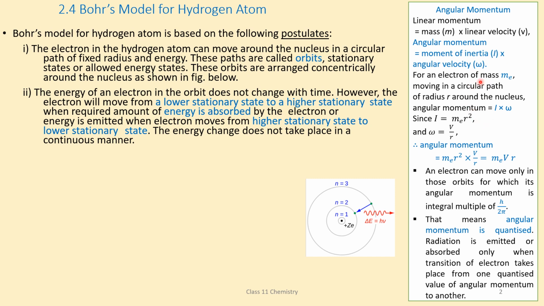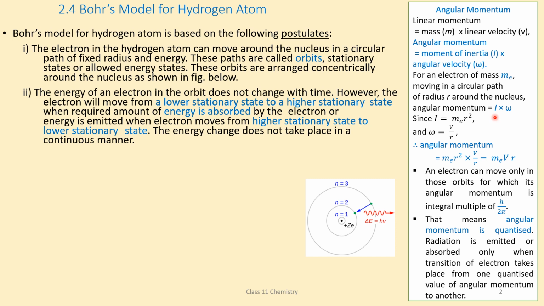Angular momentum. Now first we will try to understand the angular momentum of the electron. We know that linear momentum is mass into linear velocity. So the angular momentum is the product of moment of inertia I and angular velocity omega.